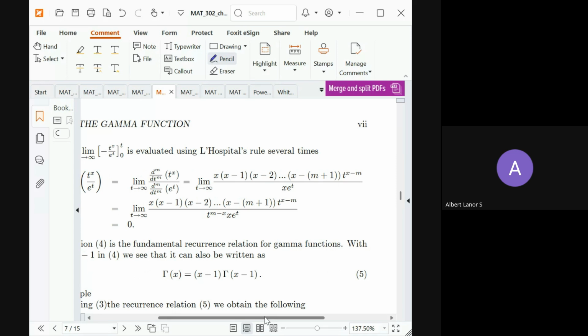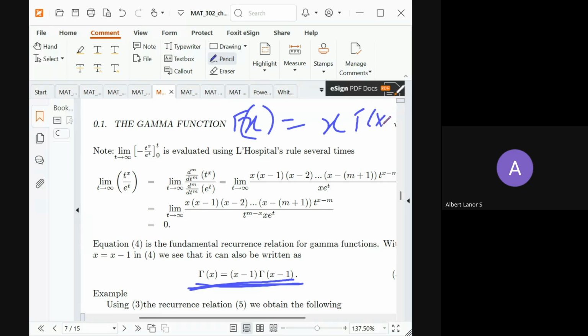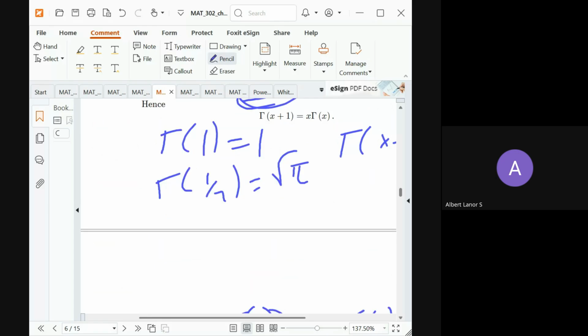Then you can continue. You can say also that gamma of x is equal to x minus 1 times gamma of x minus 1. So just from the preceding one, gamma of x plus 1 is x gamma of x. If you dummy it and say that I want x minus 1 here, so for every x you set x minus 1, then this will be gamma of x minus 1.